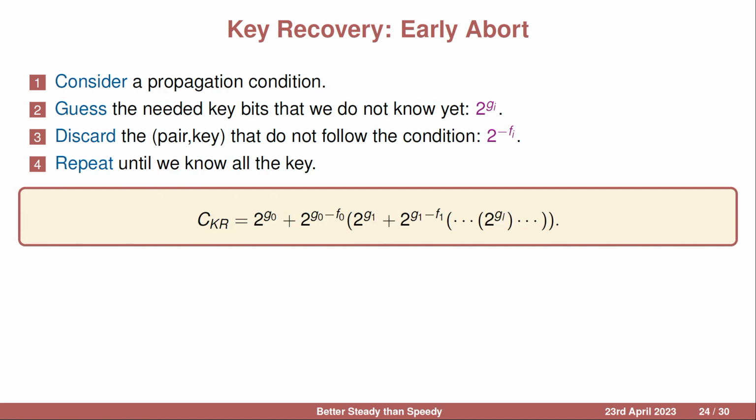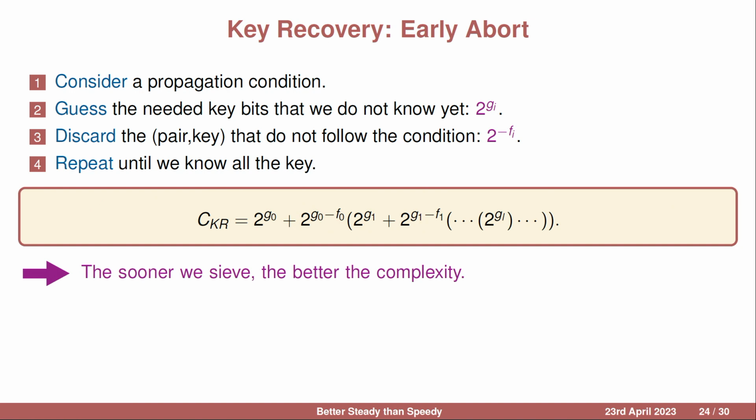The complexity for this will look something like that. If you look at the complexity, we see that all the terms 2 to the minus g_i minus f_i multiply themselves. So if you want to minimize this complexity, it's important to sieve as soon as possible. Okay, so that's the technique we will follow.